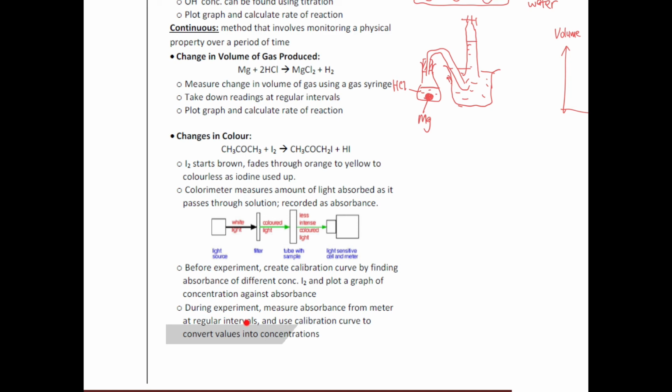From the absorbance value, you compare with the calibration curve, then you know the concentration of I2 that remains. Use the calibration curve to convert values into concentration. So you get concentration at the end.